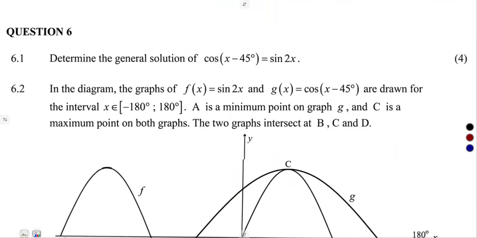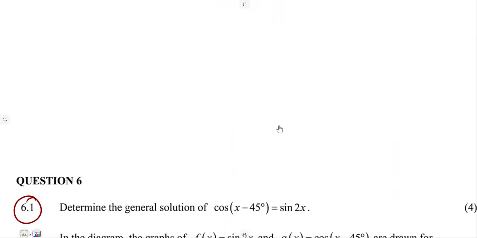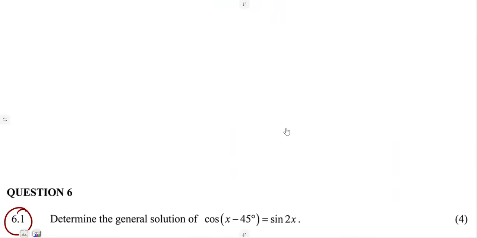On question number 6, we were given 6.1: determine the general solution of these two that are equal. So here it is just a matter of understanding that a cos and a sine can be written in the same manner. These are from our grade 11 mathematics, remember? So you choose.